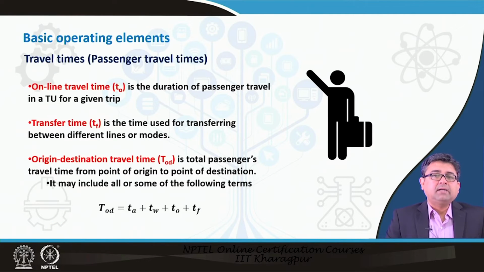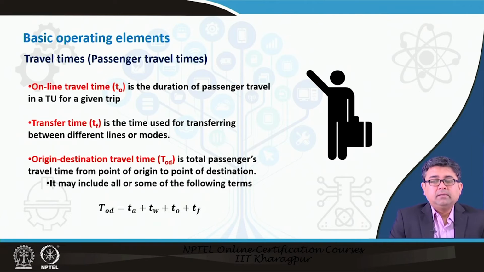Now, the online travel time is easy to understand. It is the duration of passenger travel in a transit unit for a given trip. So, it is actually the time when the passenger is on board a transit line. Transfer time is the time used for transferring between different lines or modes. You have different types of public transportation modes that you can take to complete your trip.